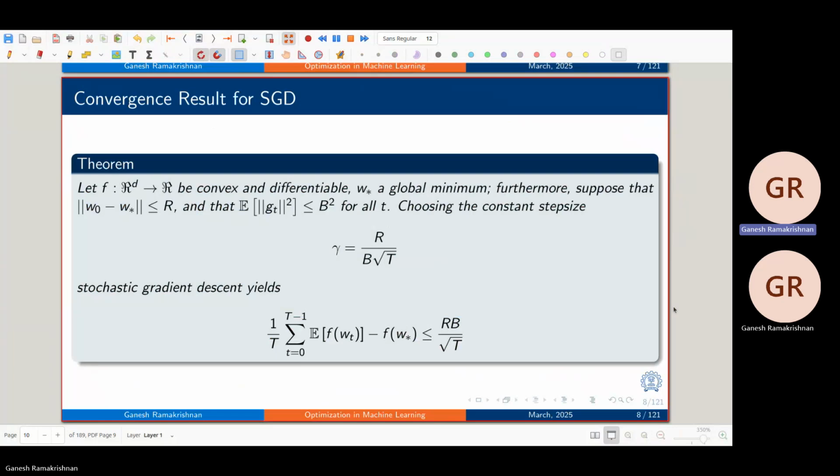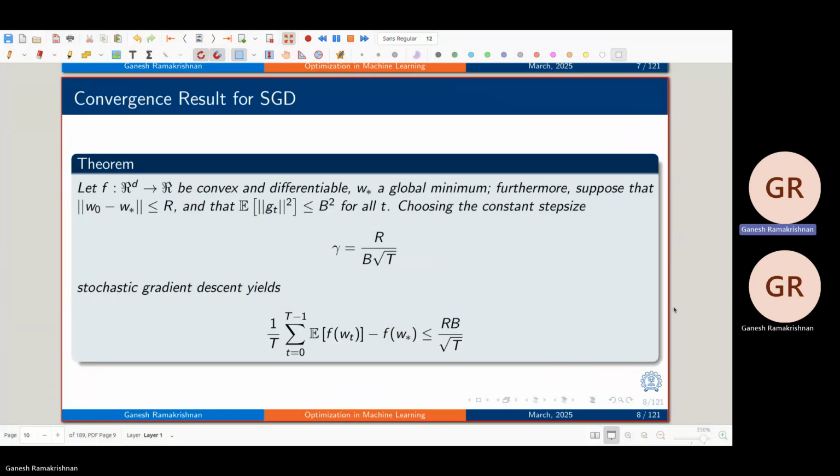Lipschitz continuity. Remember, Lipschitz continuity requires that the square of the norm of the gradient is less than or equal to b square. The same result holds with the understanding that the expected squared norm of the gradient, because now you're sampling a point and computing its gradient, so the expectation is on the squared norm of the gradient of the point that you have sampled, is less than or equal to b square.